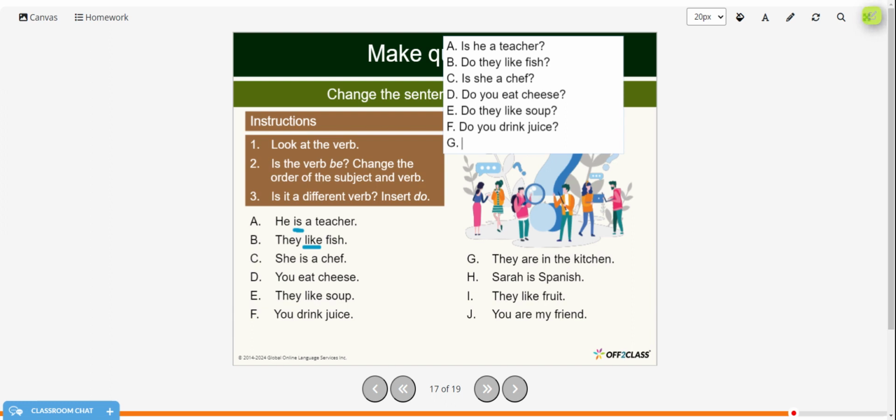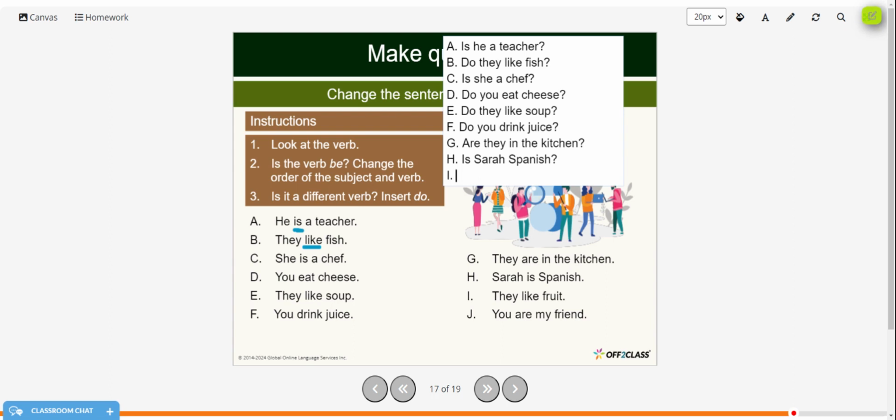That are is a to be verb, so we're going to change the order. Are they in the kitchen? And then letter H, Sarah is Spanish. Is our verb. It is a form of the verb to be, so we change the order of the words. Is Sarah Spanish?